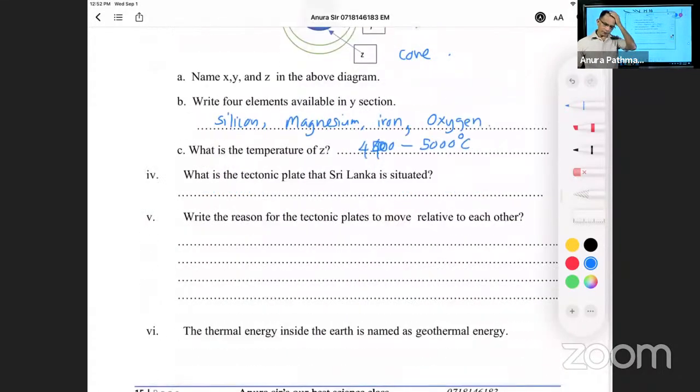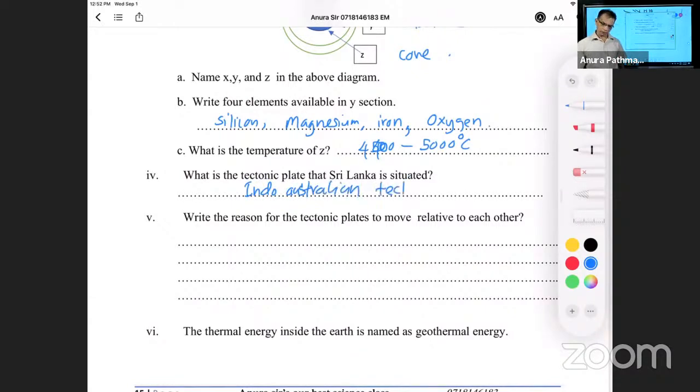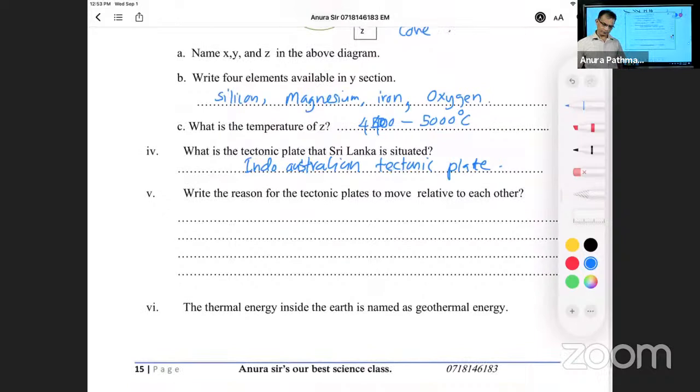What is the tectonic plate Sri Lanka is on? Indo-Australian tectonic plate. No problem. Write the reason for the tectonic plates to move relative to each other.